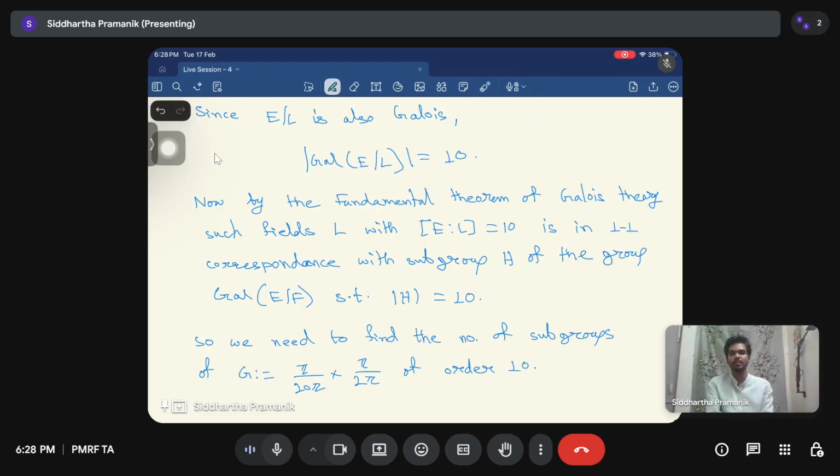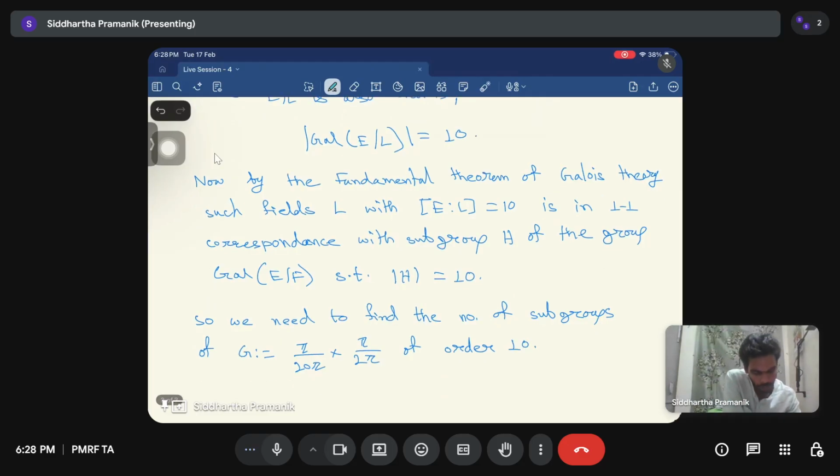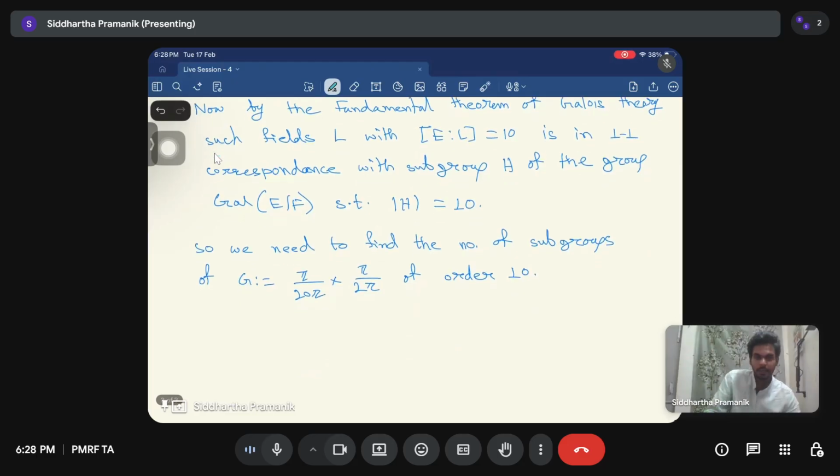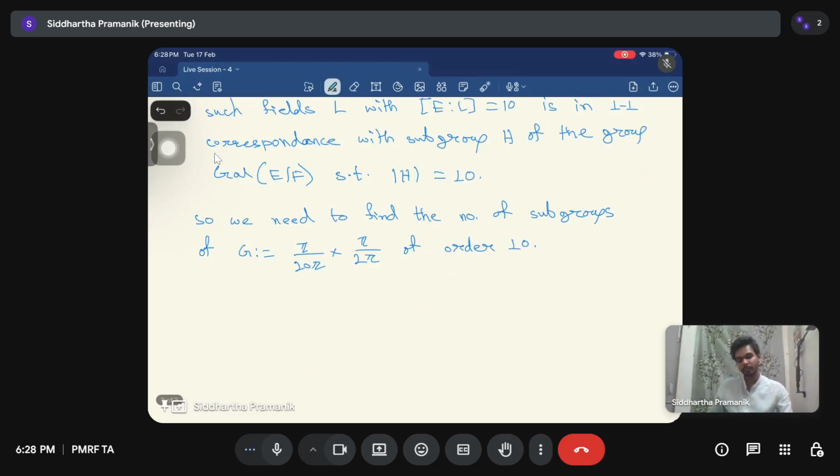That will give us the answer. Now this is a purely group theoretical problem. This is also easy to do, but let's do this. We have to find the number of subgroups of order 10.